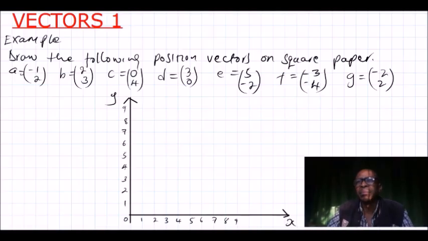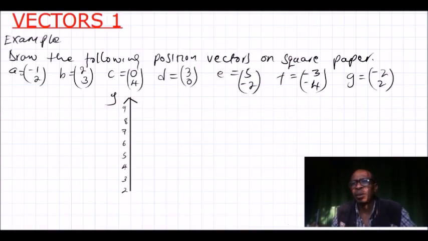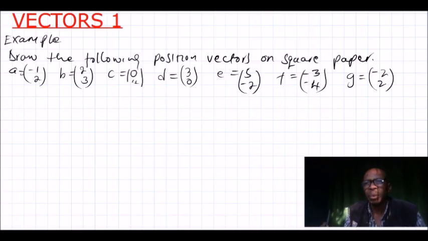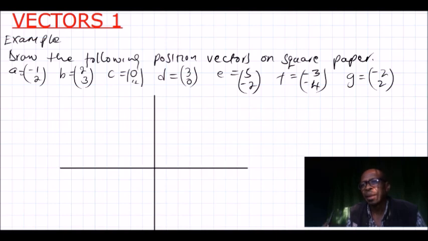Let me draw a Cartesian plane that will fit on both sides, negative and positive, so that it is able to cater for even the negative.